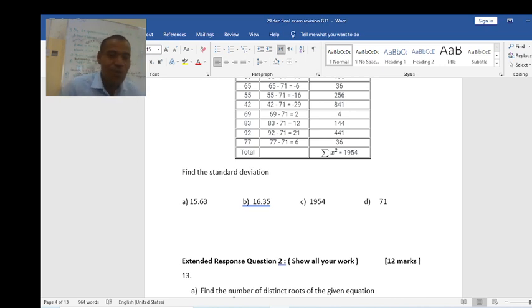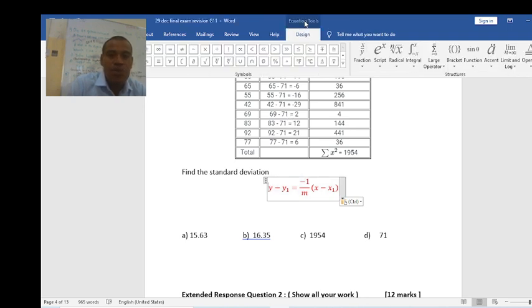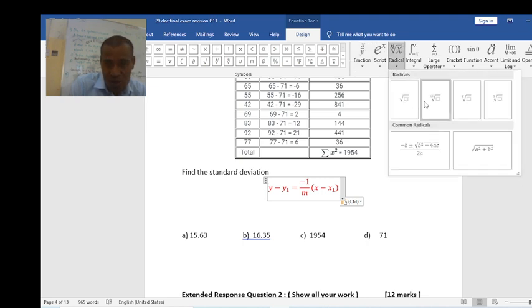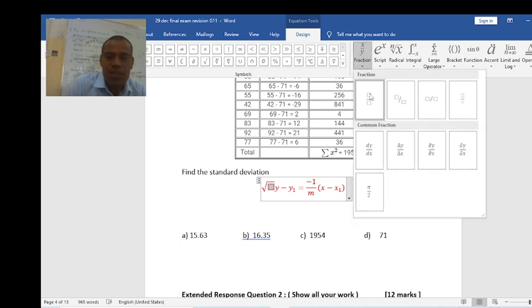You are going to use the square root of the sum of x squared divided by n. I'll just write it like that. So this one is equal to the square root of a fraction.